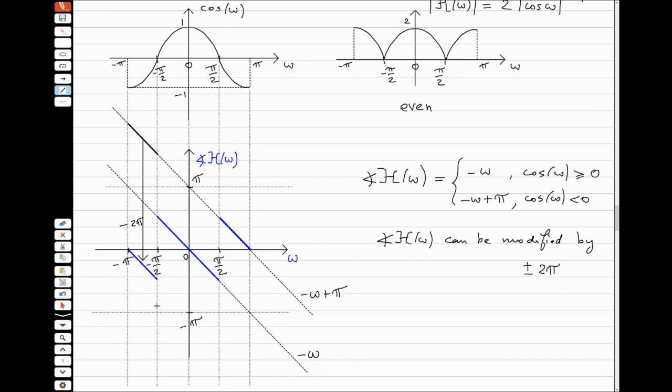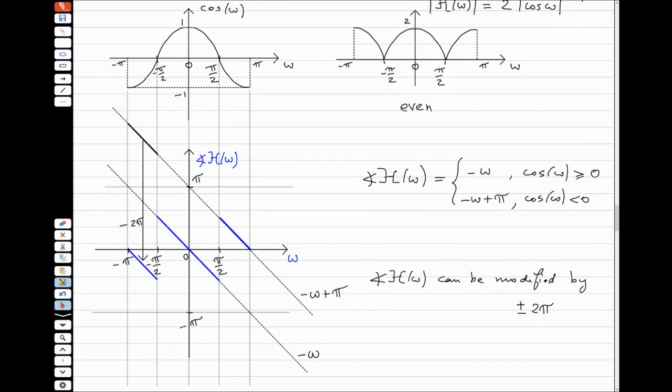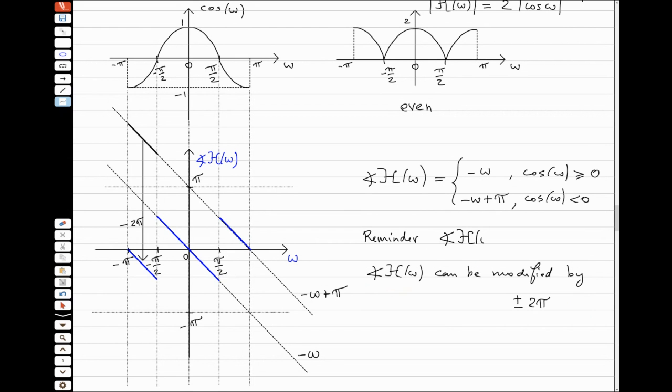You see? Oh, I forgot to say, so reminder, you want the magnitude or phase response to be between minus pi and pi. So this part was above pi.